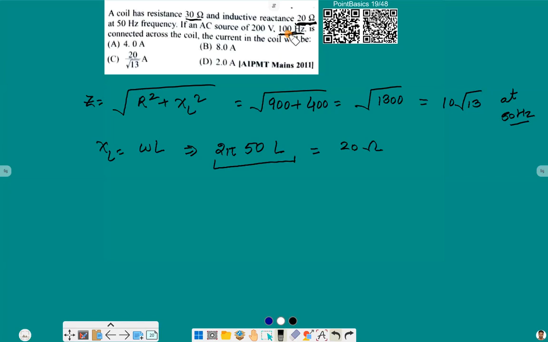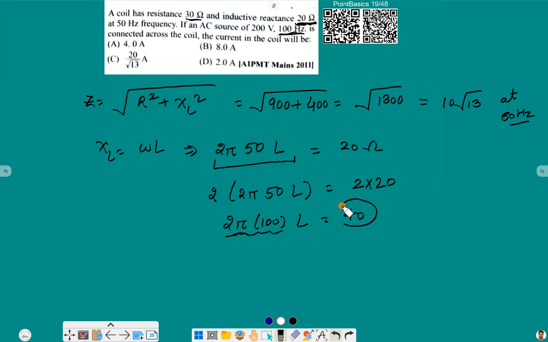We have to calculate it at 100 hertz. How can we calculate it at 100 hertz? We can simply multiply it by 2. Twice of 2 pi into 50 into L will be twice of 20, and this will be 2 pi into 100 into L, equal to 40. So that is omega into L at 100 hertz.